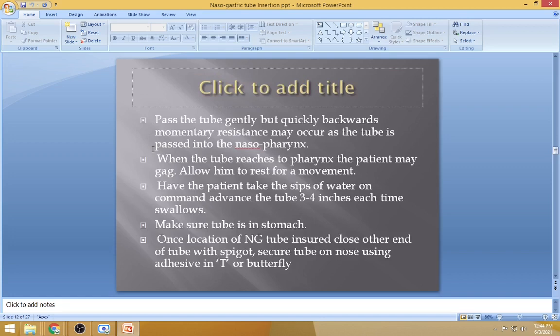One thing you have to know is, when we insert the tube and it reaches the larynx area, if the tube by chance goes into the larynx side, then the patient will start having difficulty in breathing.